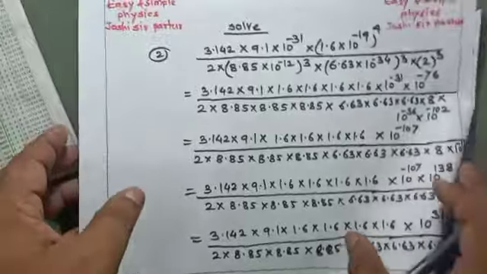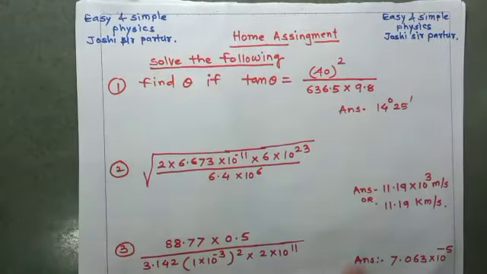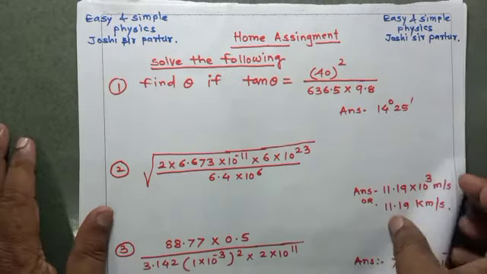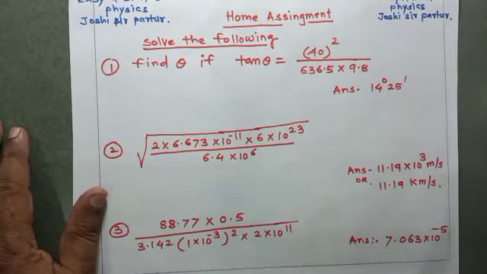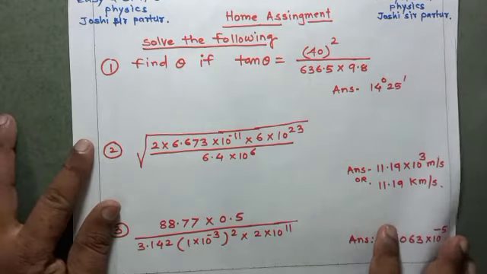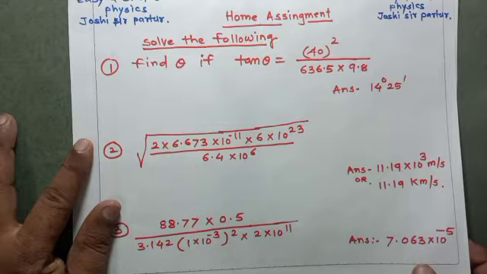So an assignment is there. This assignment consists of 10 numericals. So we can find the theta if tan theta is given. So first, second, square root of 2 into 6.63 into 10 raised to minus 34, 11 into 6 into 10 raised to 23 upon 6.4 into 10 to the power 6.